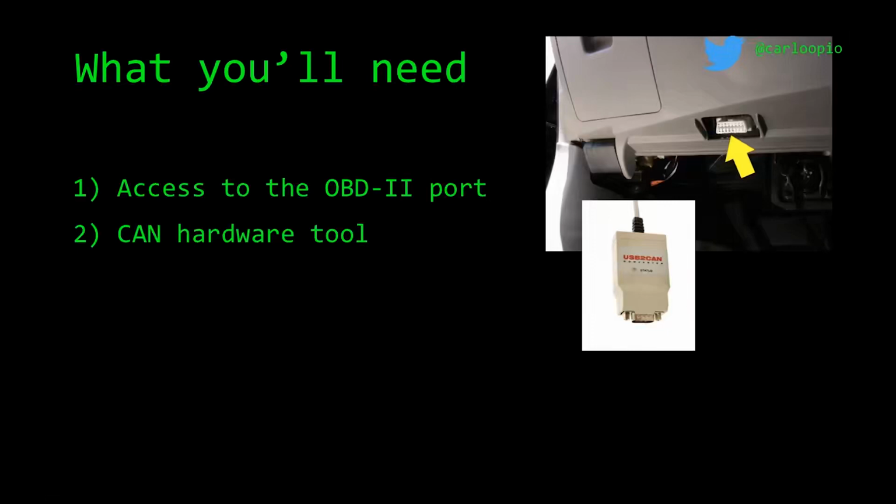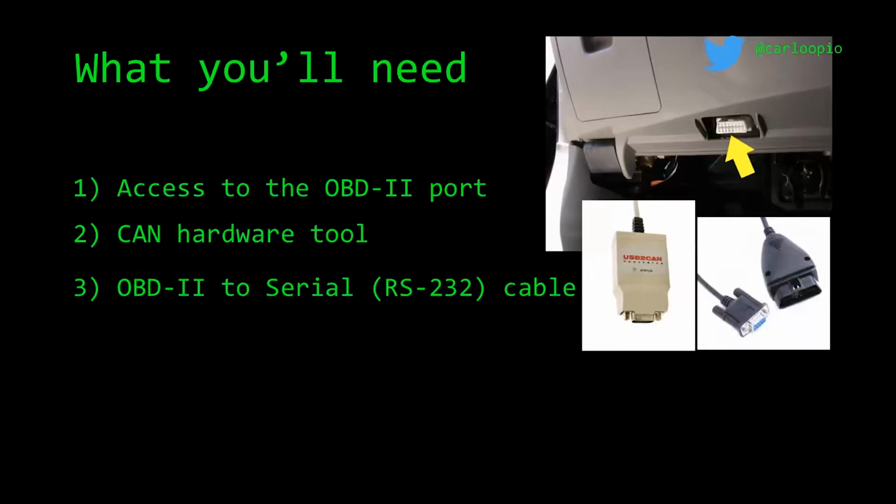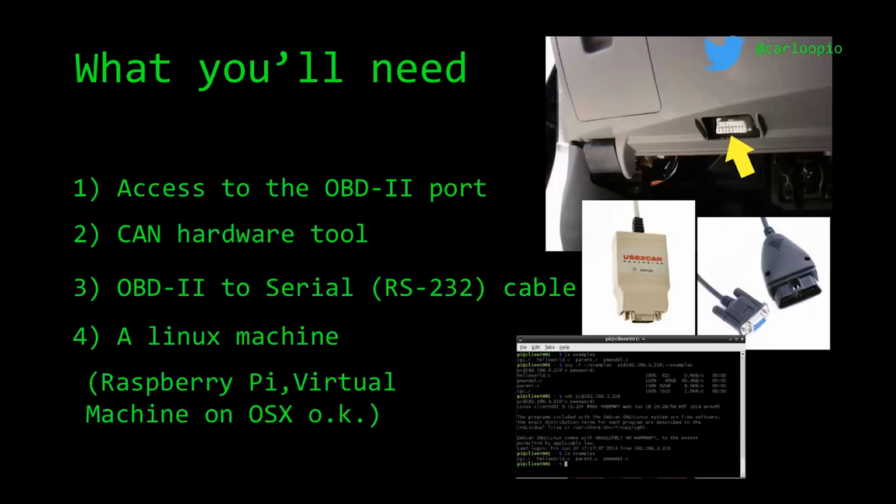Some of these tools are pretty affordable, but it does require you to buy another cable to go from the OBD2 port to the tool, and from the tool to your computer. If you don't have RS-232, it's kind of a pain. And you also need a Linux machine.